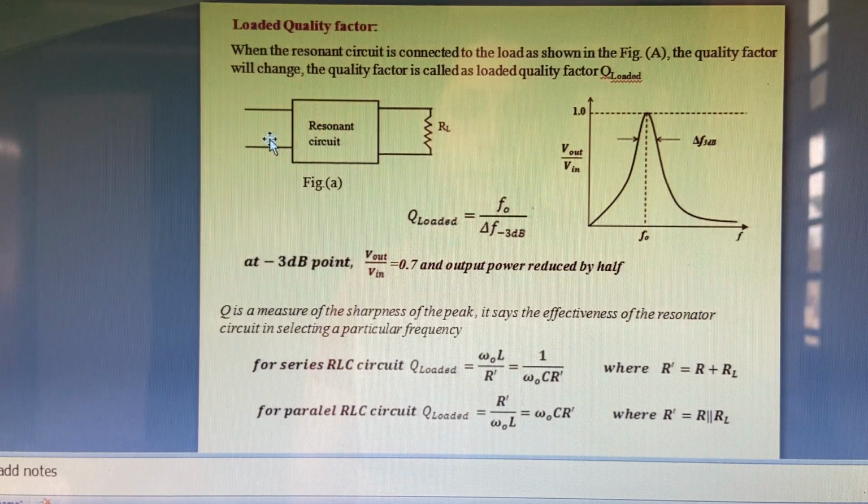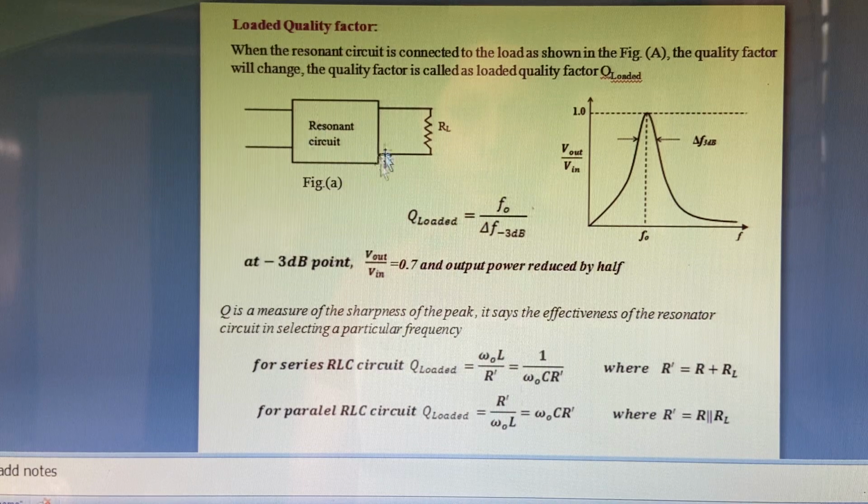Similarly, even the source resistance also affects the quality factor of the resonator. Considering load resistance, the quality factor changes, and it is calculated like this.